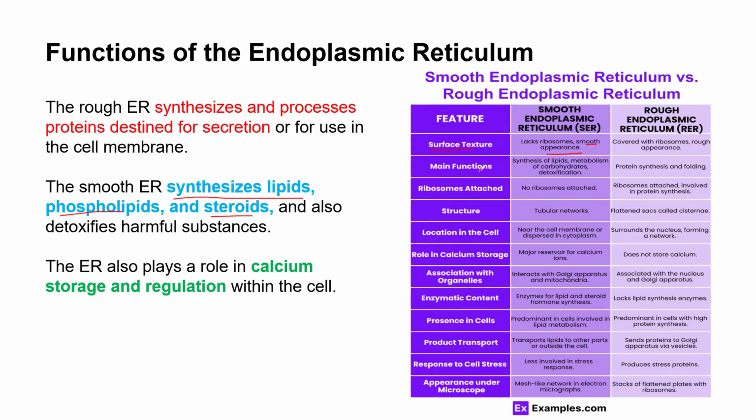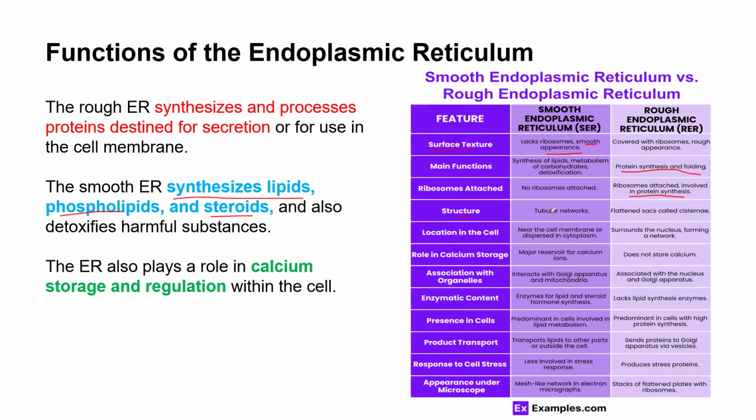And of course, the main function of the rough endoplasmic reticulum is protein synthesis and protein folding. Then ribosomes attached: no ribosomes are attached to the smooth endoplasmic reticulum, while ribosomes are attached in the rough endoplasmic reticulum. That is why it is involved in protein synthesis and folding.